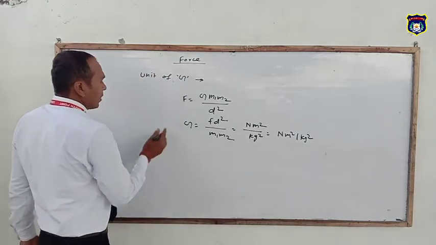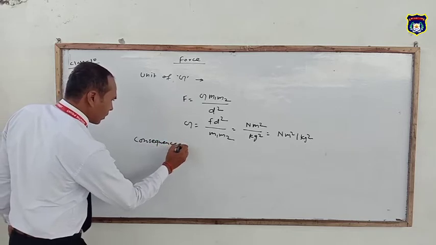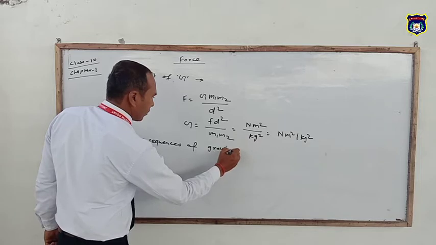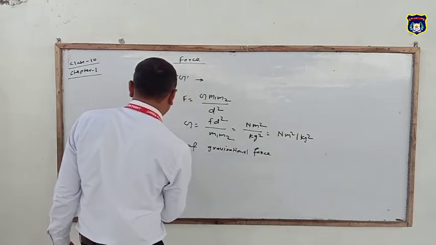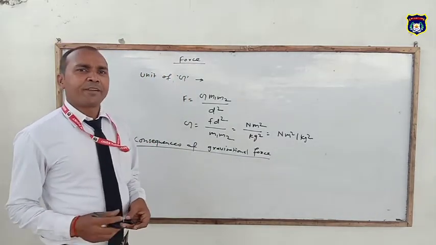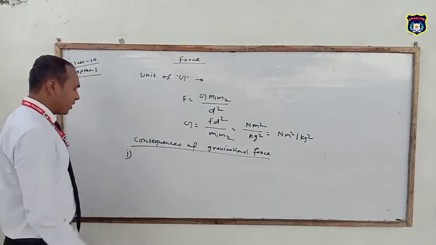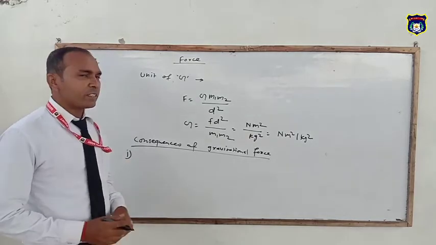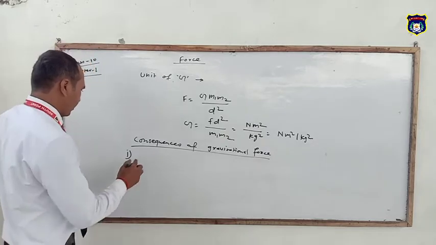Okay. Now, consequences of gravitational force. When we write consequences of gravitational force, there are different consequences, but among them we have to mention the important ones. First, due to the gravitational force, all planets revolve around the sun.